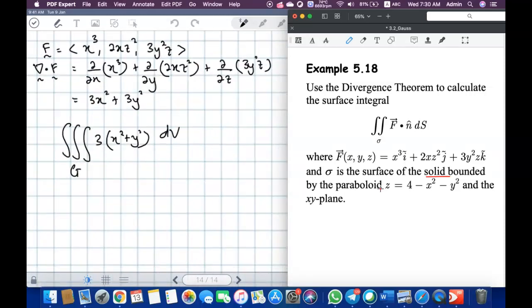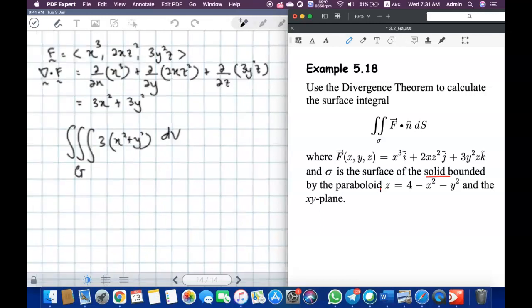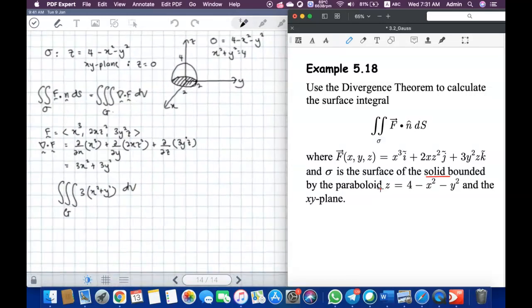Remember in triple integrals, for those who have forgotten, please do a lot of revision on that because that is very important here. Please refer to your previous notes about the triple integral. For triple integrals, it is good if you can determine what type of solid we have.